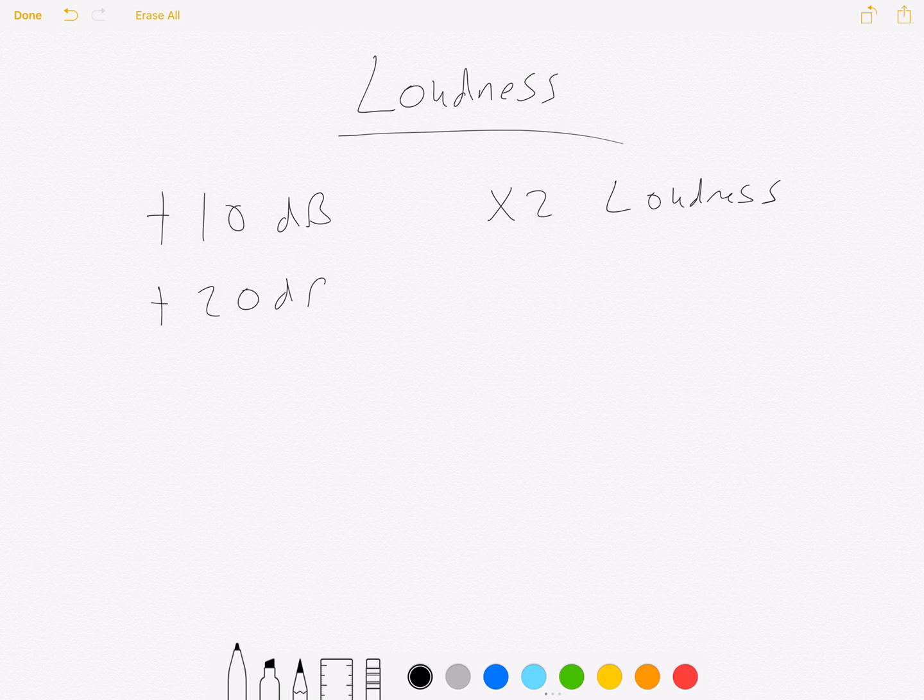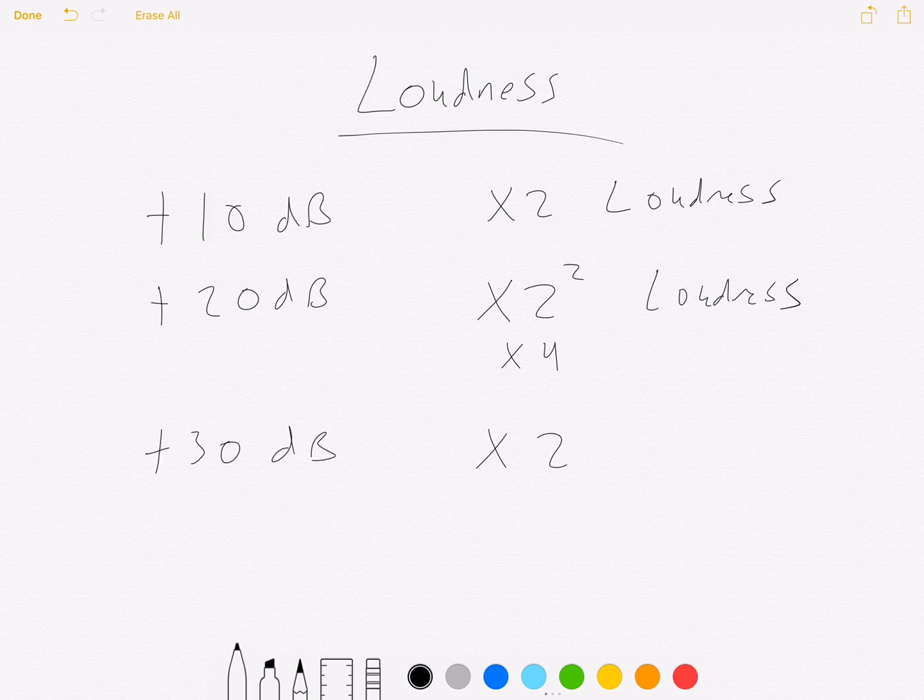Plus 20 decibels is actually times 2 to the second power of loudness, which is also known as times 4 loudness. Plus 30 decibels is times 2 to the third loudness, which is the same thing as times 8.